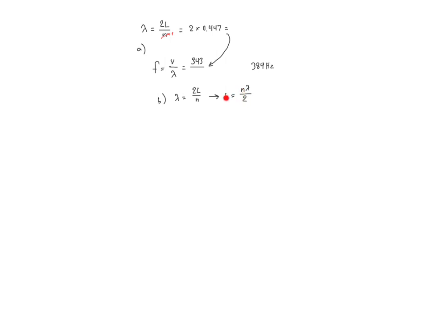So the second length that will work is just equal to whatever the wavelength was, what you calculated up here. And then the third length that will work is if you just plug in N equals 3. So you have 3 times this wavelength divided by 2, and you'll get another length. The two answers I got were 89.4 centimeters and then 1.34 meters.